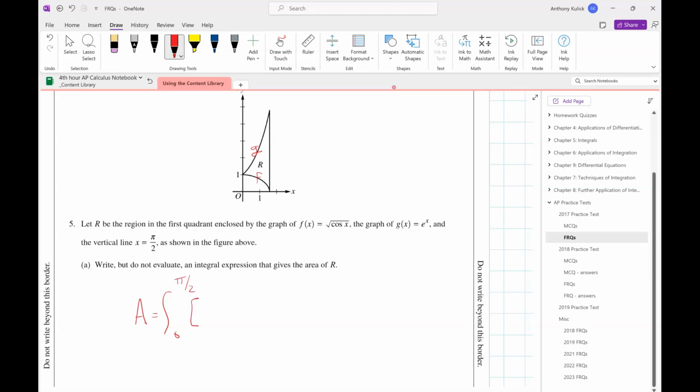And then what is the integrand? Yep. And here's the way I would write it. I'm just going to write it that way because it's less chance of me goofing it. Like if I write something wrong, getting the limits correct was 1 point. Getting the integrand correct was 1 point.